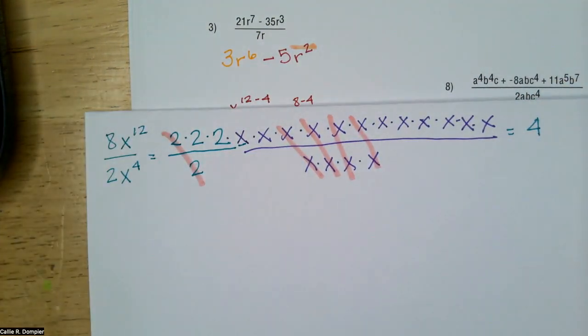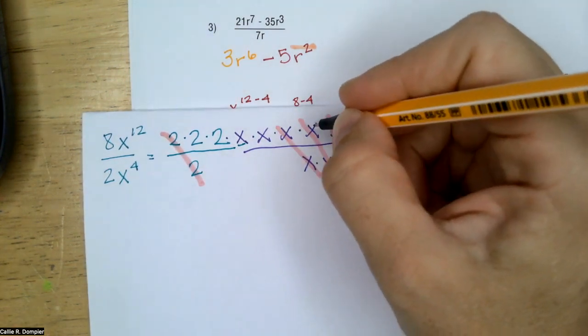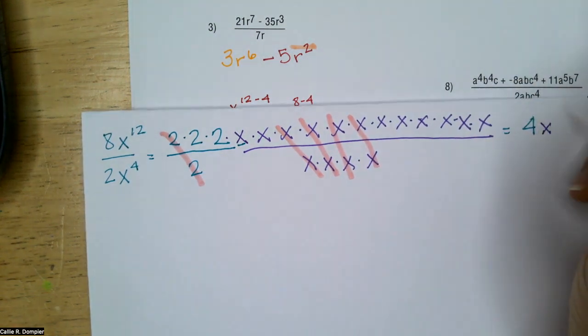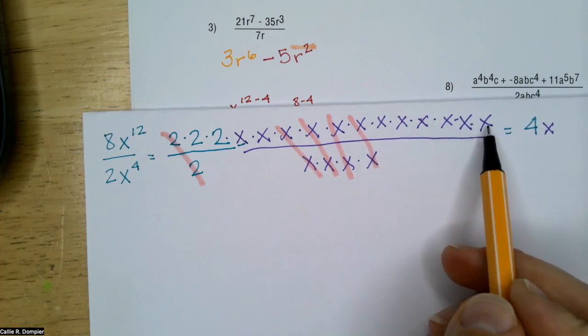And then of all of those x's, I am left with 1, 2, 3, 4, 5, 6, 7, 8.